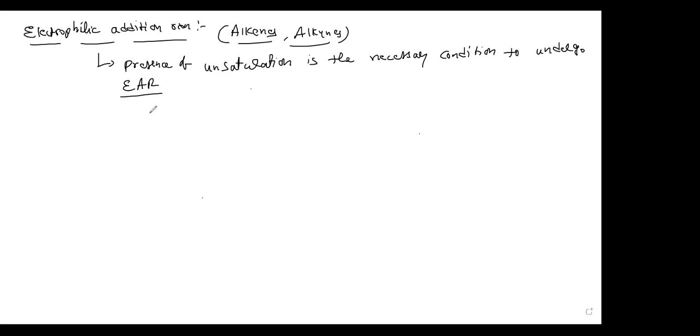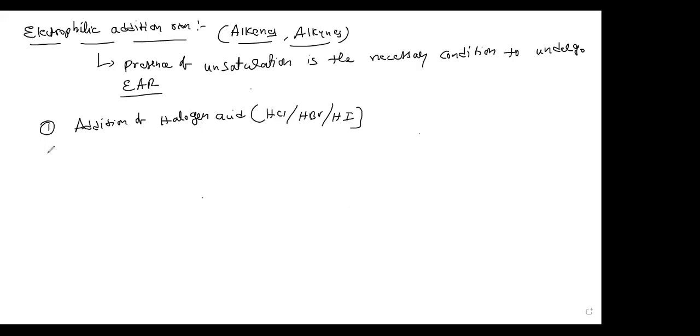Okay. Now, before getting into their mechanisms, what are the different types of electrophilic addition reactions that we have to look through? Let us discuss. First one, addition of halogen acids, like HCl, HBr, HI.